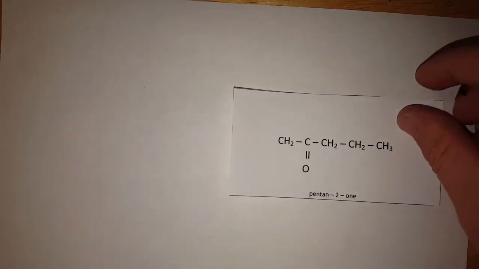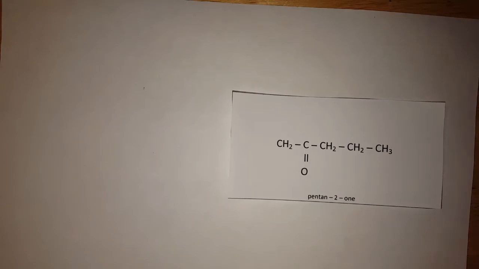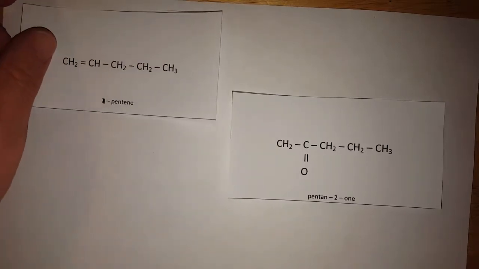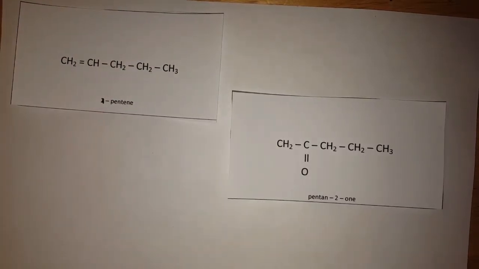The next reaction on the quiz said that we wanted to form 2-pentanone, and it said that we were going to form it from 1-pentene. And so the question is, how do I go from there to there?